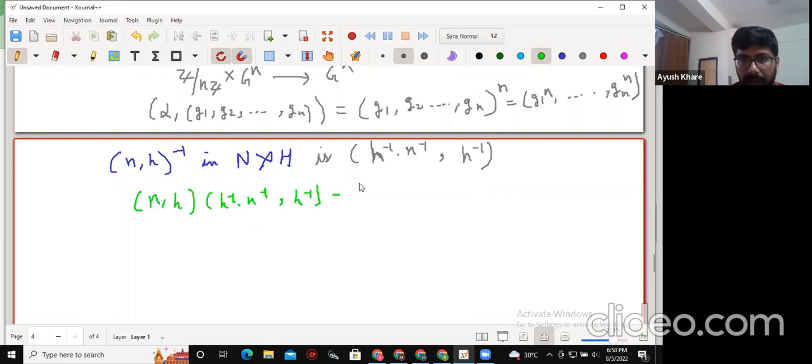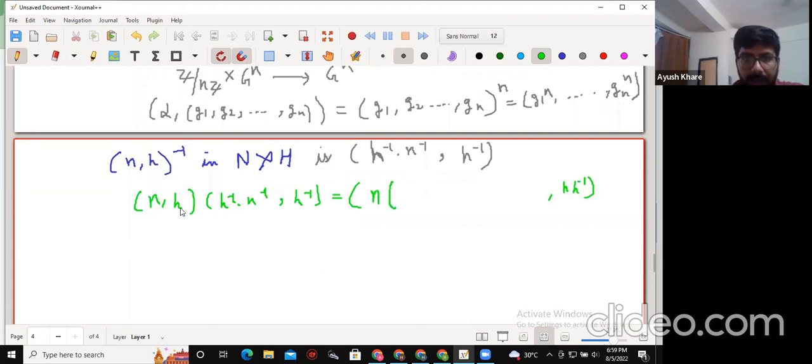In the second coordinate, it is just a multiplication of the last coordinate of the first tuple and the second coordinate of the second tuple. So it's just H times H inverse times H inverse. So you get identity here, and in the first coordinates you have N.